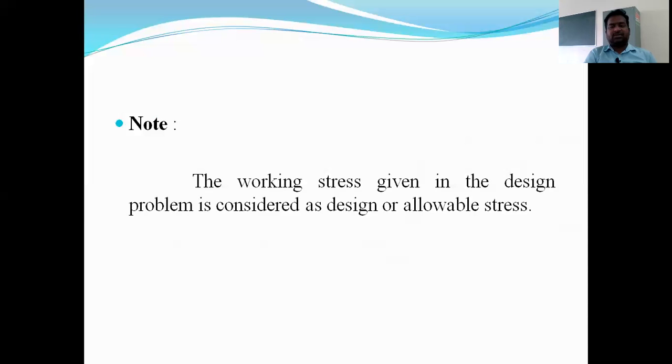So the working stress given in the design problem is considered as design or allowable stress. We can call it an allowable stress.